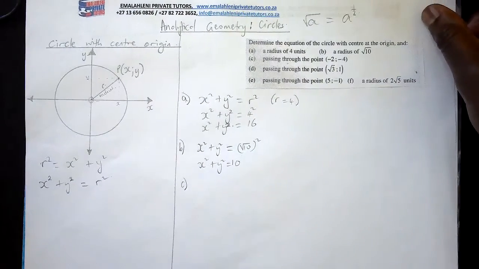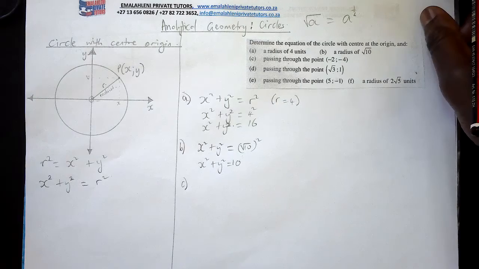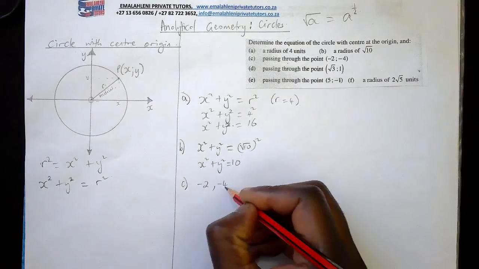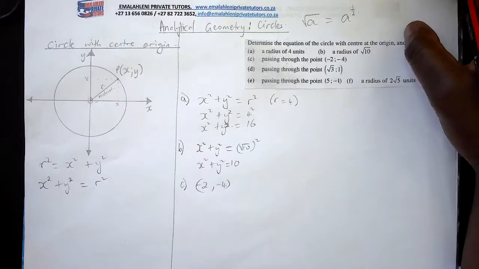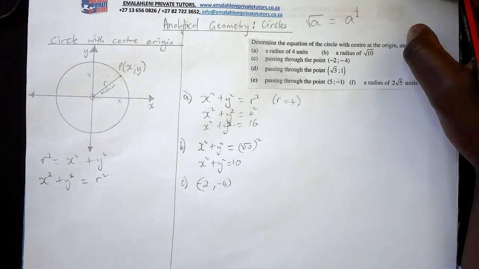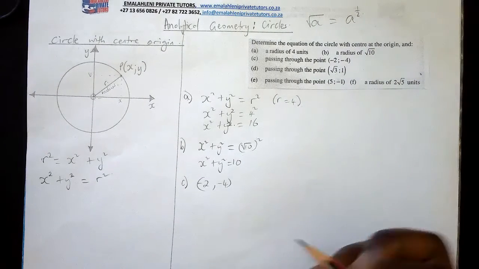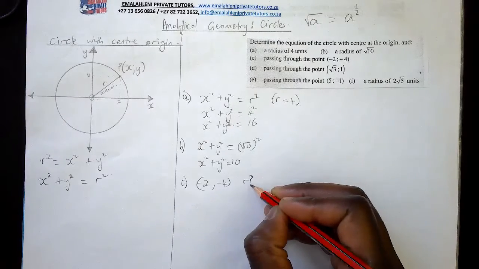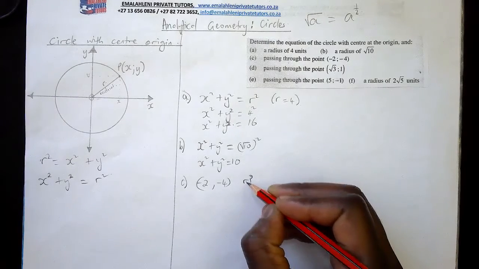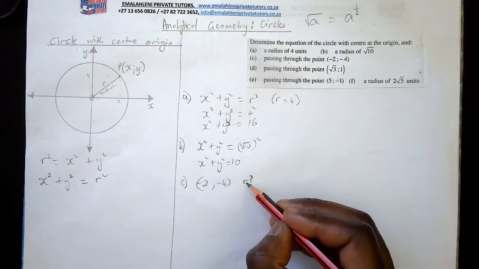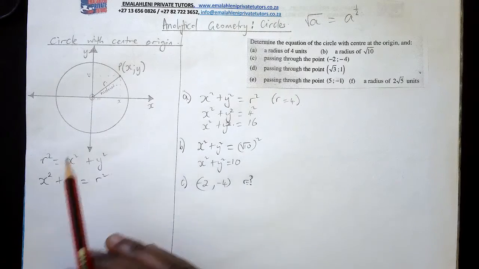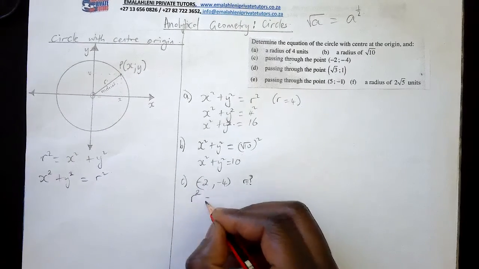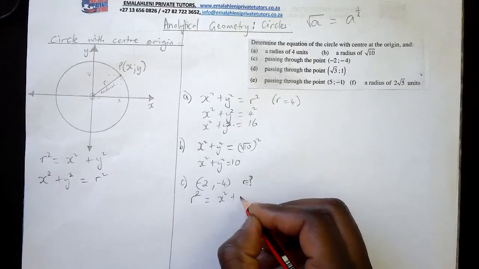Now let's move on to C. They are saying it's passing through the point (-2, -4). So when you're given the coordinates here, what should we do to get our equation of the circle? We need to find R. So R is the one in question first. We know that R squared is equal to X squared plus Y squared.